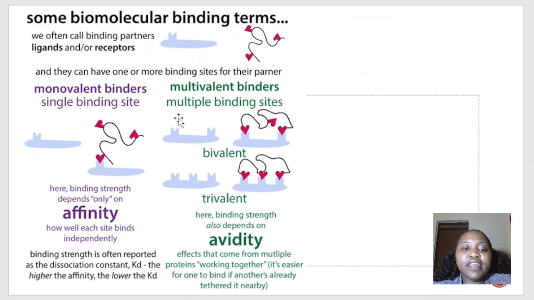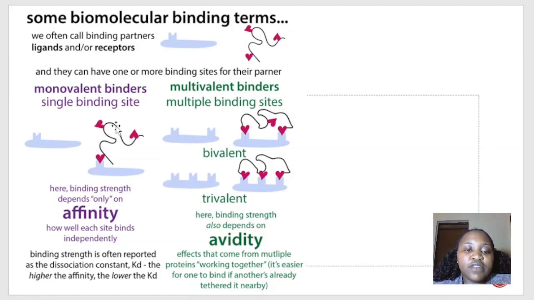Now we have two other concepts, that is what we call affinity and avidity. So we often call binding partners ligands or receptors, and they have one or more binding sites for their partner.